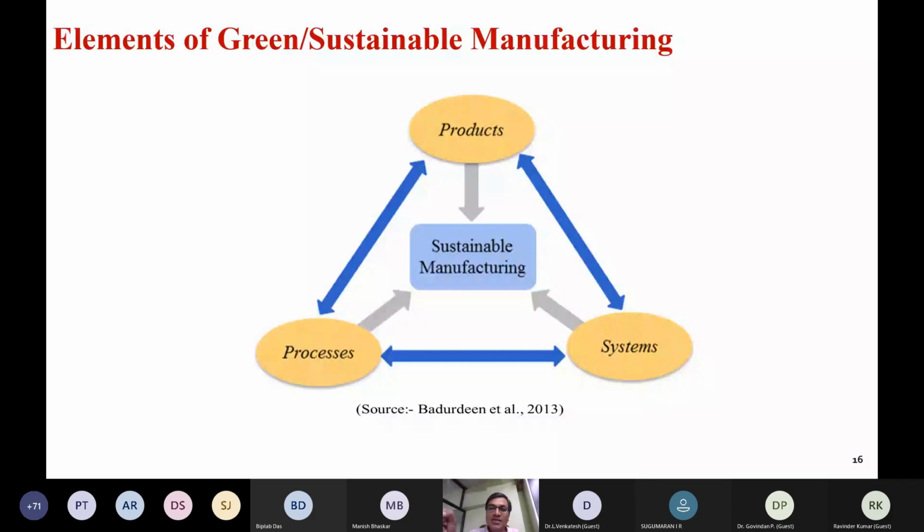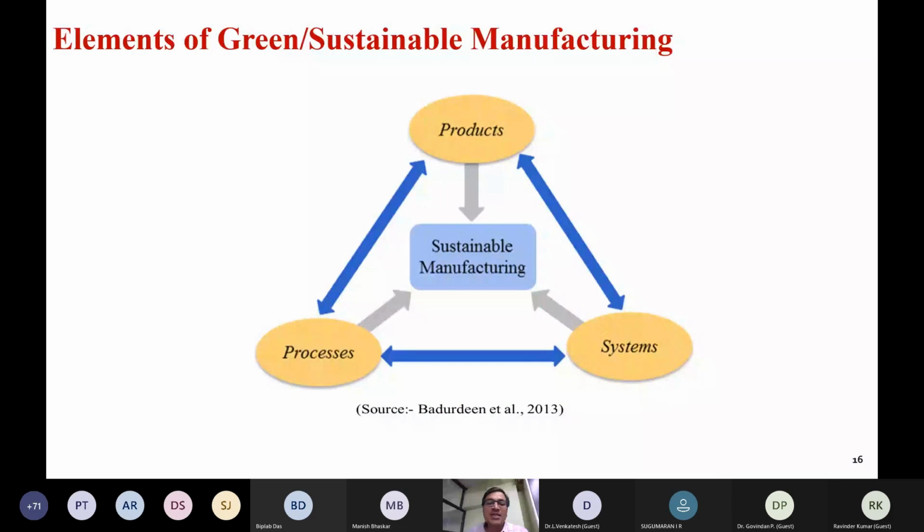You should consider all the aspects, product, process, and your entire system, to make manufacturing green, not only in isolation. If you work in isolation, you will not be able to achieve it. That's why this is called the elements, meaning the areas a company should focus on to achieve green manufacturing. The company should work on all these areas simultaneously to get green manufacturing. These are the elements.